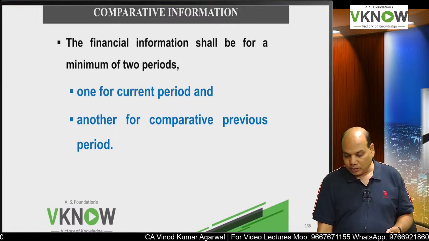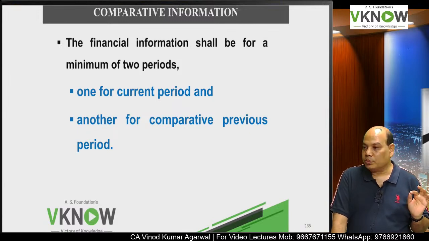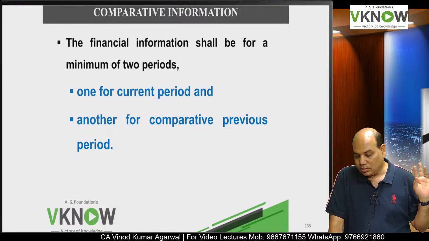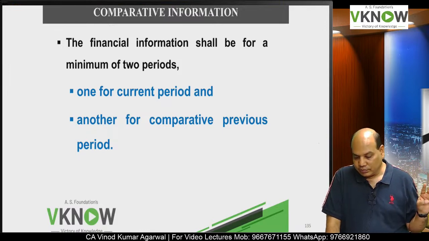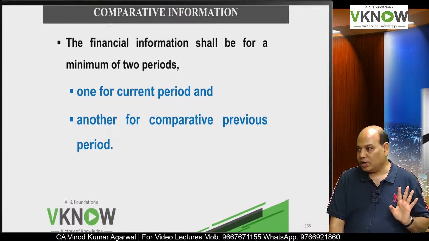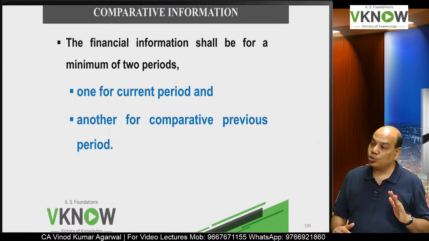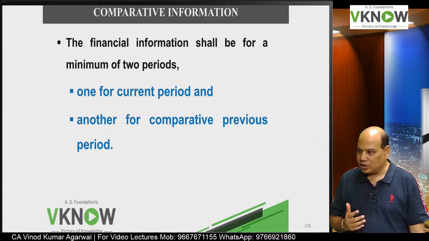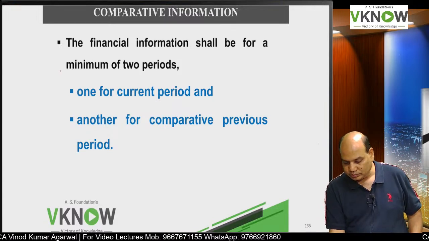The financial statement will comprise of minimum 2 periods, except the year in which you are incorporated. First is for current period, and second is at least one comparative previous period. Can I give more than one comparative previous period? The answer is yes. You can. It's written minimum.